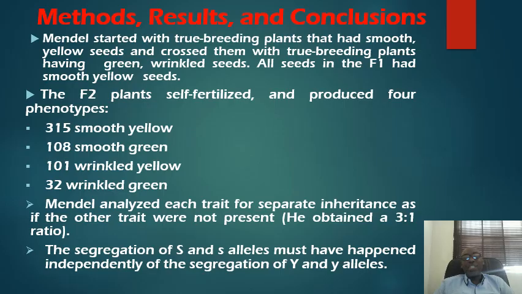When he analyzed each trait separately, he also got a 3:1 ratio. Like we said in the first law of inheritance, there is a segregation of the capital S for smooth and small s for wrinkled allele, and also a segregation of capital Y for yellow and small y for green allele.